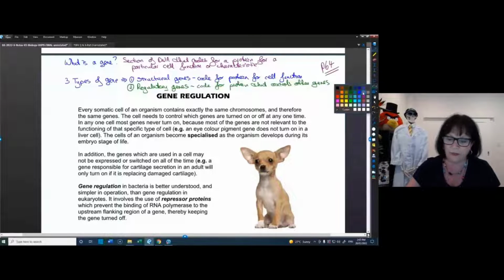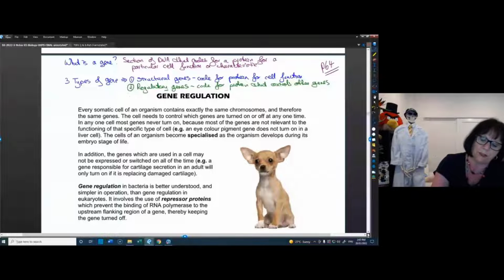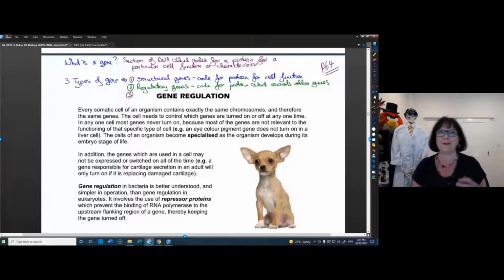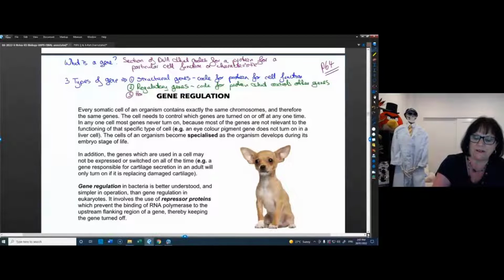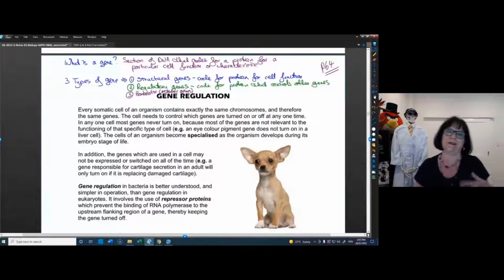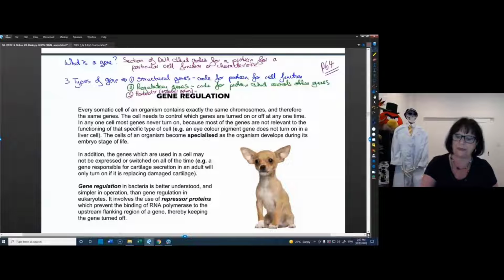Now, there is a third type of gene, which we used to learn a lot about in the old course, and it's quite complex information, so I'm just going to give it here. They're called homeotic genes or master genes, just so that you're aware that they exist. When you do Unit 4 and talk about species, it's homeotic genes that determine the different species.